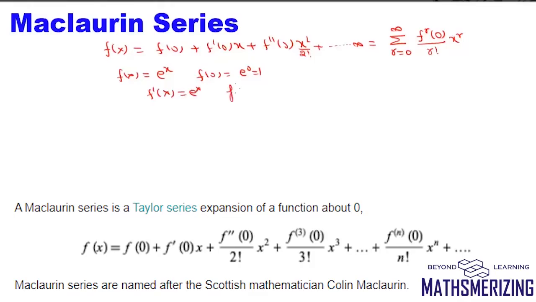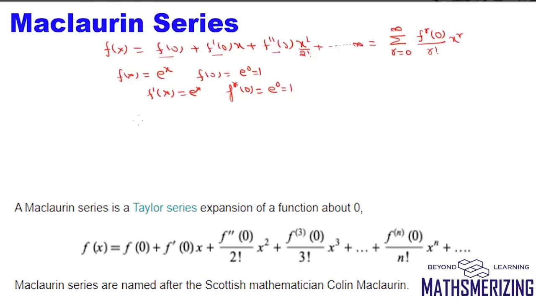Now for the exponential function, any derivative at 0 will always be e^0. So in this case, all these values f(0), f'(0), f''(0) are all 1.